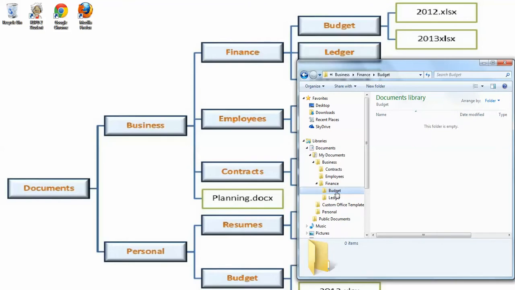Of course, right here I click on the budget, that's inside the finance, that is inside of a business. It's currently empty. And I also can look at this address box that's inside the budget, which is inside of a finance, which is inside of the business.